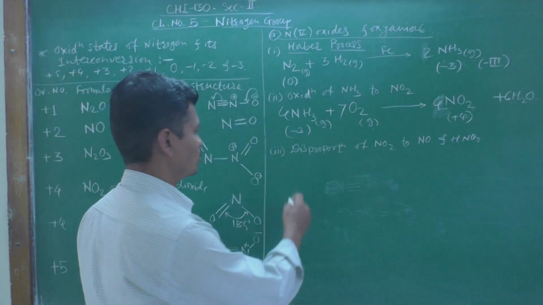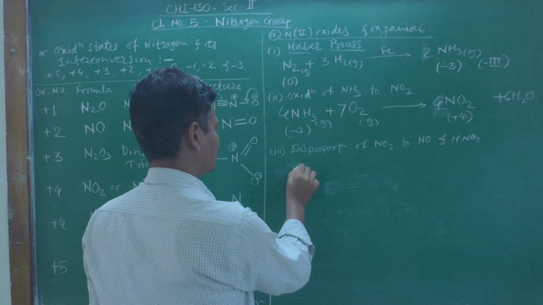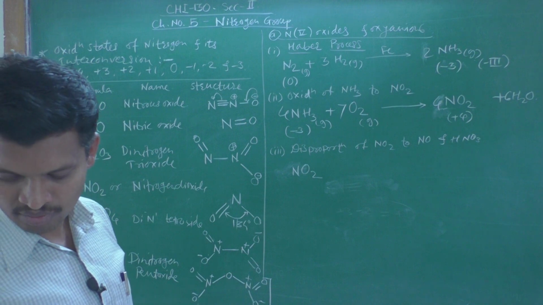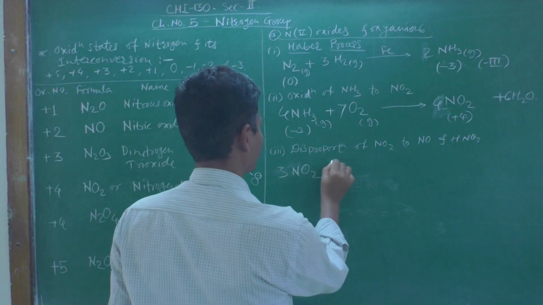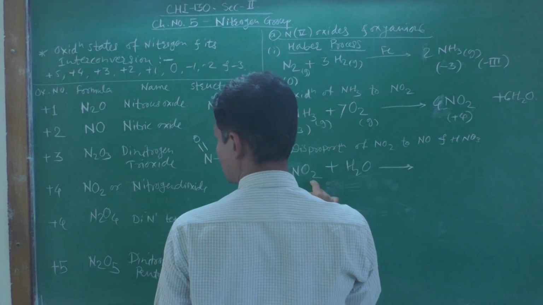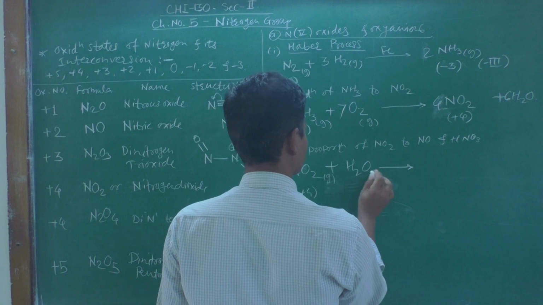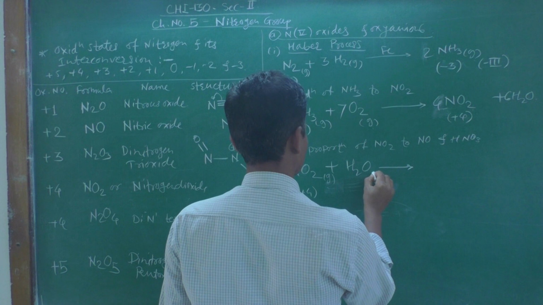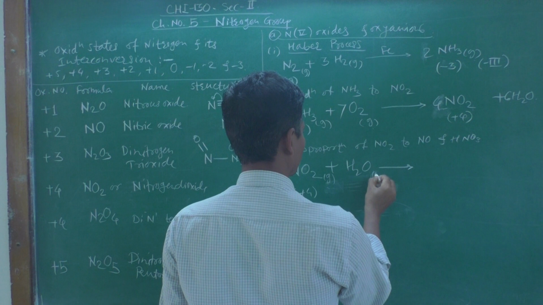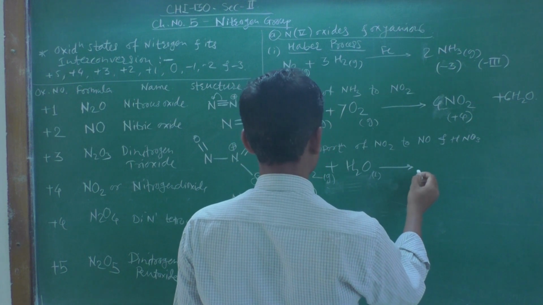So, we have to see this reaction: NO2 reacts with water. NO2 is in +4 oxidation state. This is a gas, and water may be steam or liquid. So, what will be the reaction?